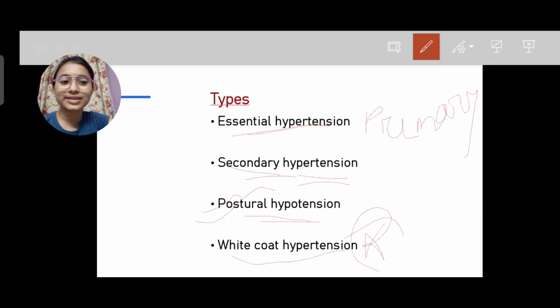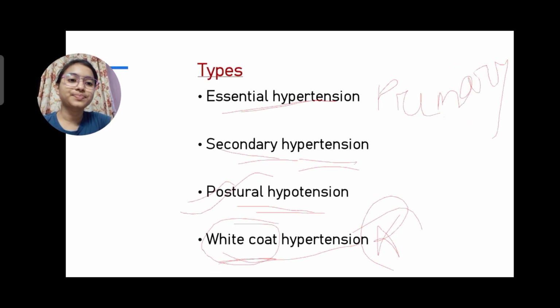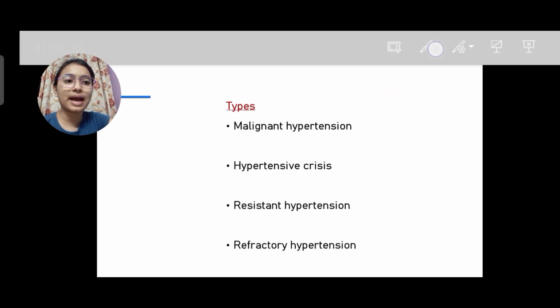A normal individual has no hypertension, no high BP, but if he or she sees a healthcare member, then his or her BP increases due to anxiety and stress. So this is white coat hypertension. Now the malignant hypertension.